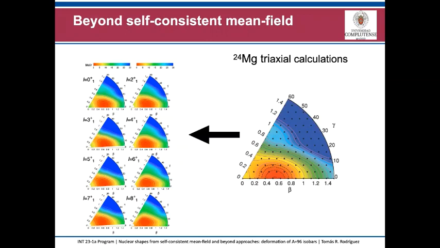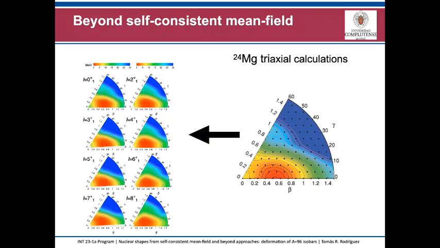So we gain something like 5 or so MeV of correlation energy here. Obviously, for the rest of the angular momenta, it depends on the system. So you see that from a single mean field energy surface, we produce many energy surfaces, each of them with a different angular momentum.